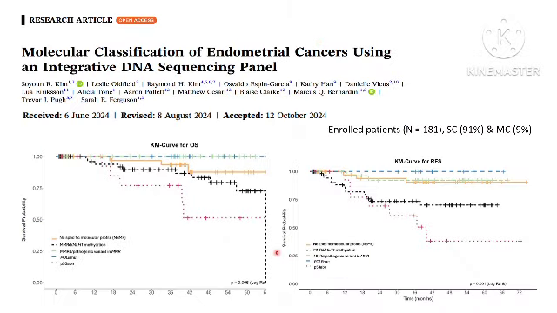When you look at the KM curve for overall survival and recurrence-free survival for POLE single classifiers and multi-classifiers, there is no significant difference between multi-classifiers and single classifiers. You can see that they are falling on the same line. Here, the blue color represents single classifier, and the green color represents multi-classifier.